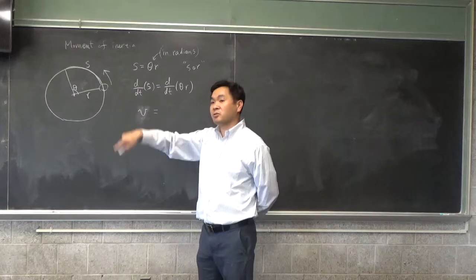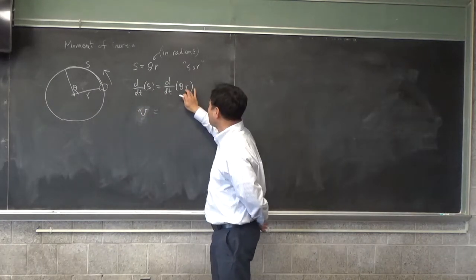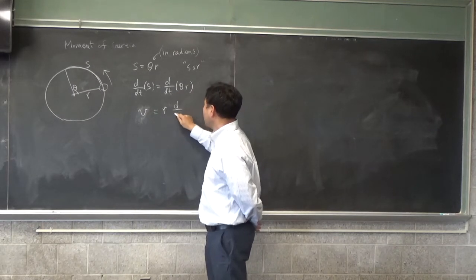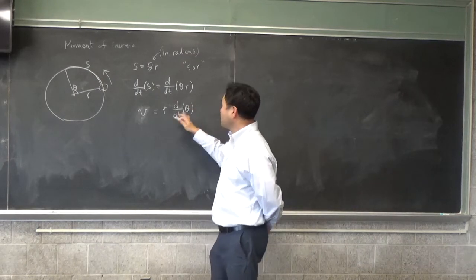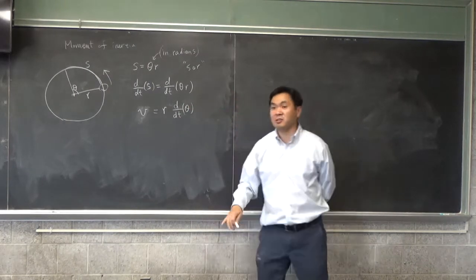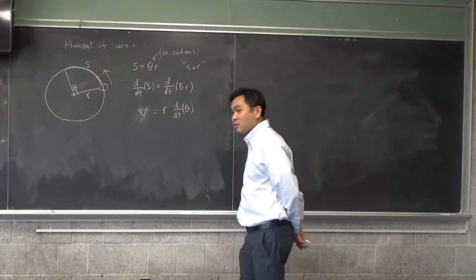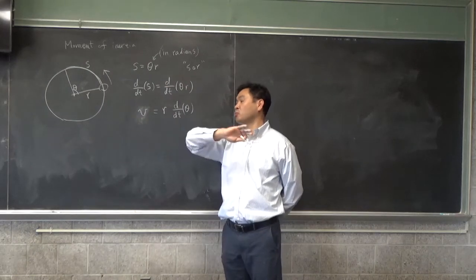And if it's going in a circle, the radius is a constant, right? That means I can bring the r outside, and you have d/dt of theta. Let's think about the meaning of d/dt of theta. That's how fast what's changing? That's how fast the angle is changing.